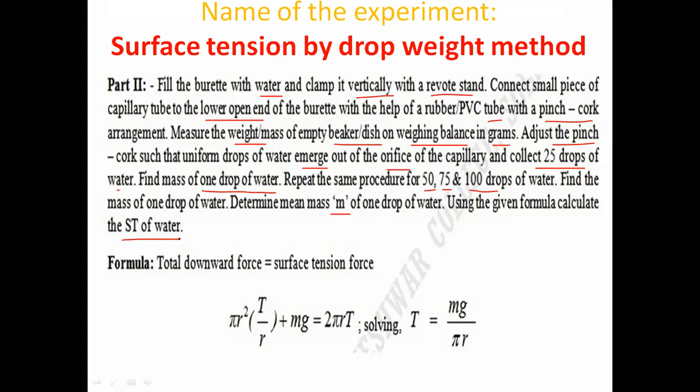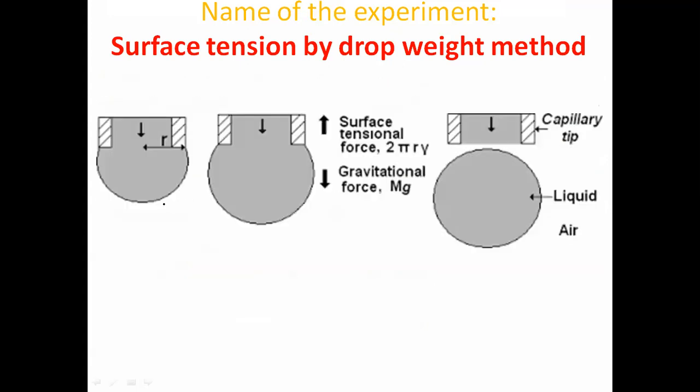According to this diagram, suppose this is the capillary tube, and inside the capillary tube you have filled water. Due to downward pull, of course due to gravitational force, if you release the pinch cork, the water drop will emerge from the capillary. A sufficient volume of liquid emerges from the capillary.